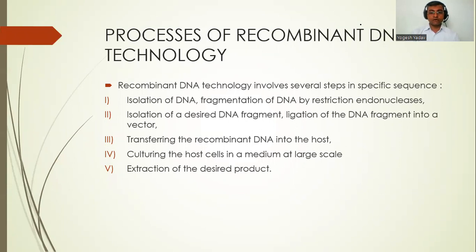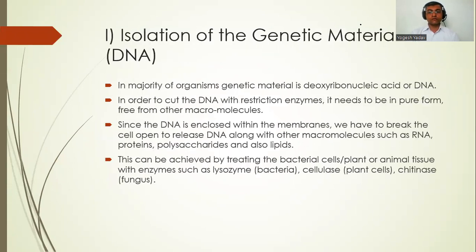Now, we move to our first step, that is the isolation of the genetic material, that is the DNA. As we know, in the majority of organisms, the genetic material is deoxyribonucleic acid or DNA. And in order to cut the DNA with a restriction enzyme, first of all, it should be in pure form, so that we can further process this DNA.